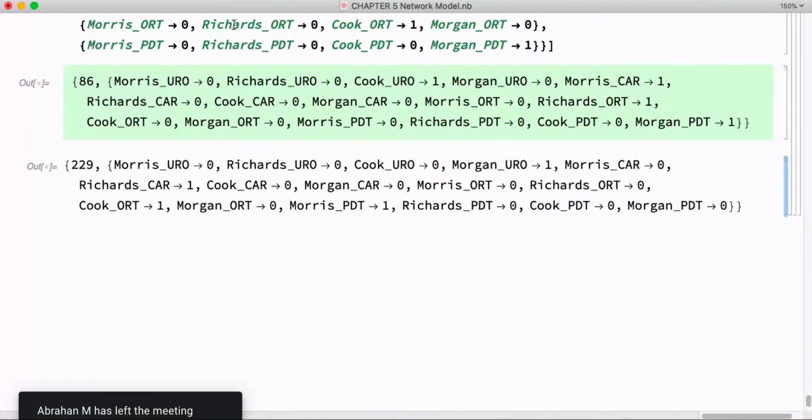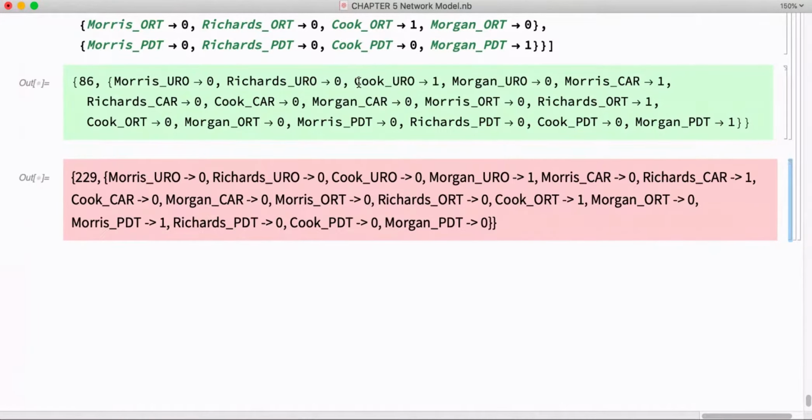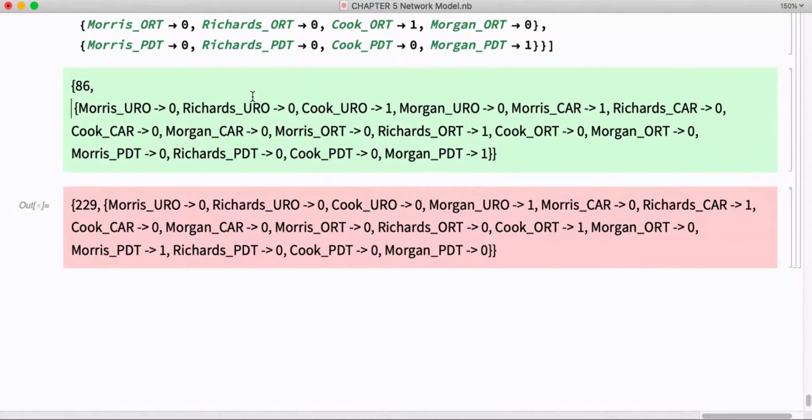This is the worst. Red. This is the outcome. I want to play around. I make it a text. And I want to see what is happening. I see what is going on to urology.